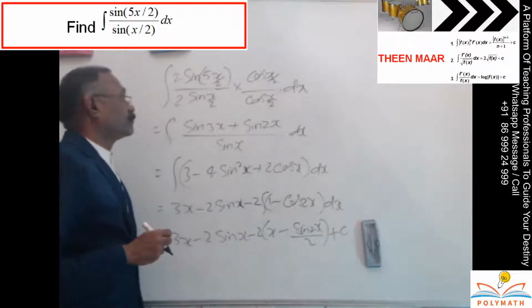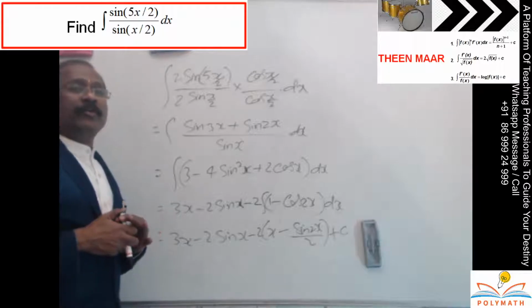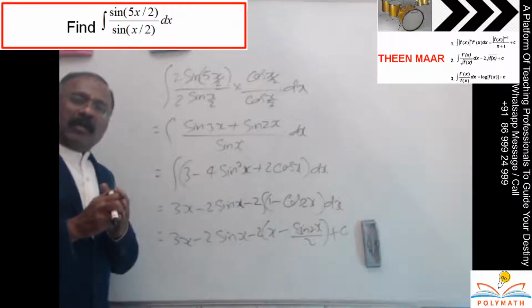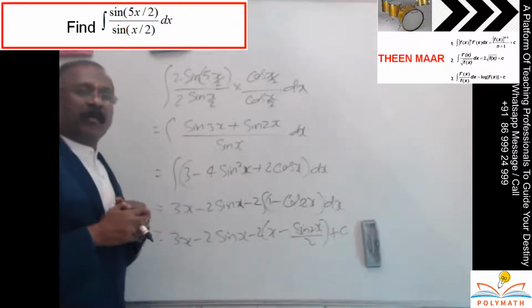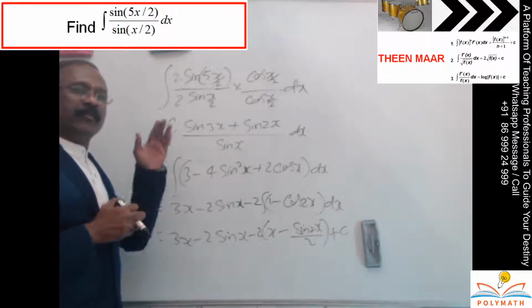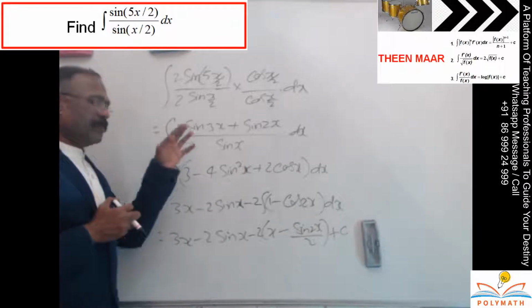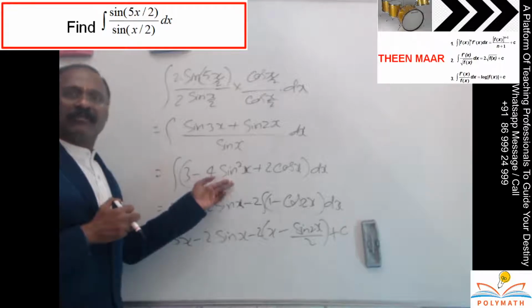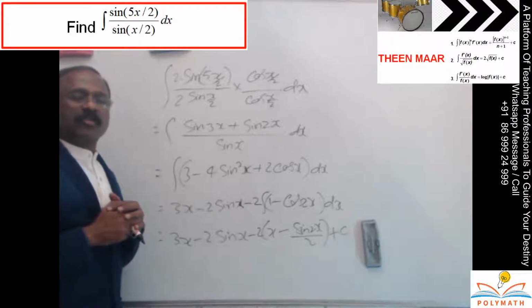This is done. Here we have not used the 3 Maar formula. I have taken this problem, sine of 5x by 2 by sine x by 2, just to take you on another track. It is purely trigonometric simplification, and without the reduction you cannot solve this problem.